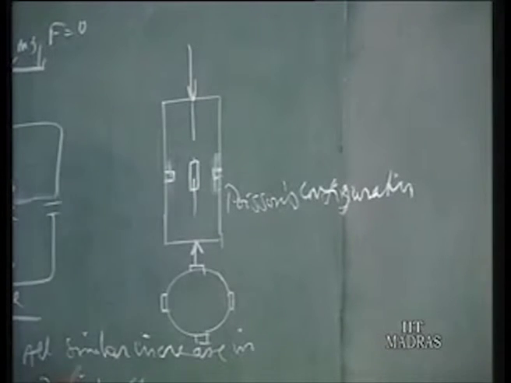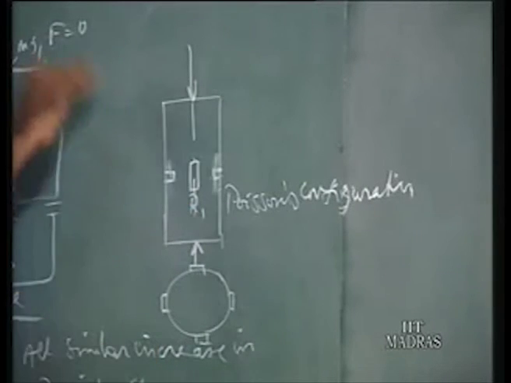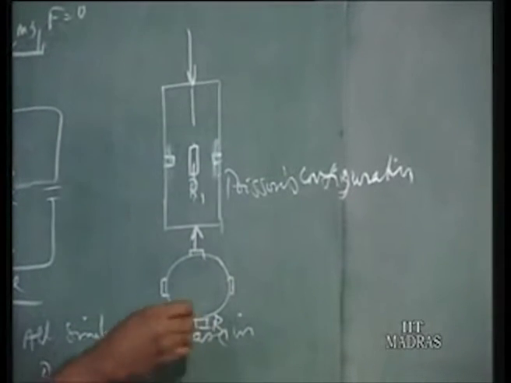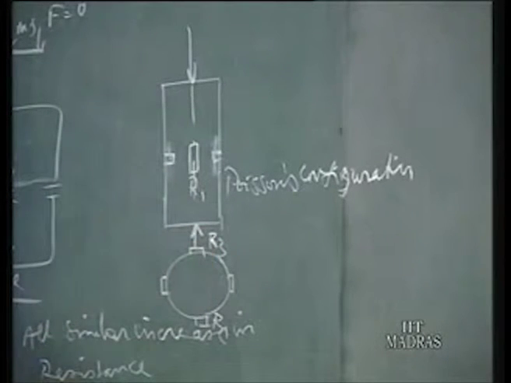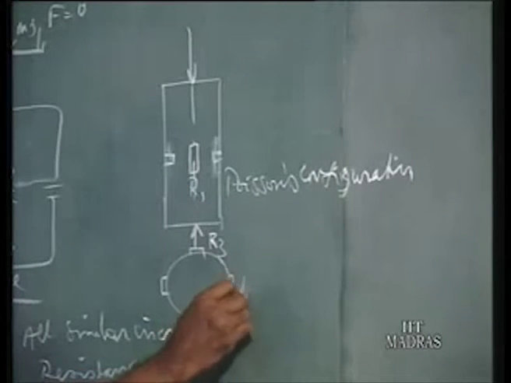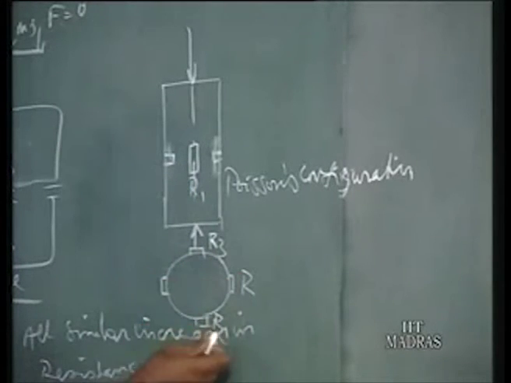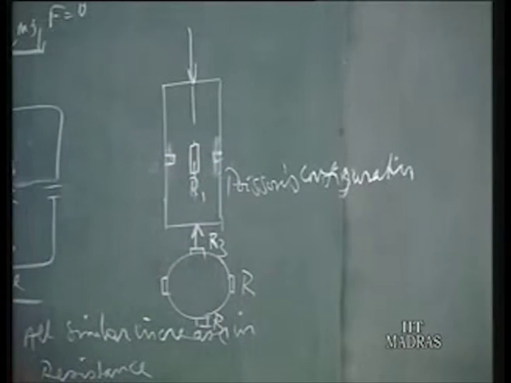So in that case, suppose this is R1, R3 should be opposite, because similar changes should be connected in opposite arms. R1 and R3 are opposite arms. The other 2 will be transverse strain. That is, for tensile you will have compression, and for compression the transverse will be tensile strain.